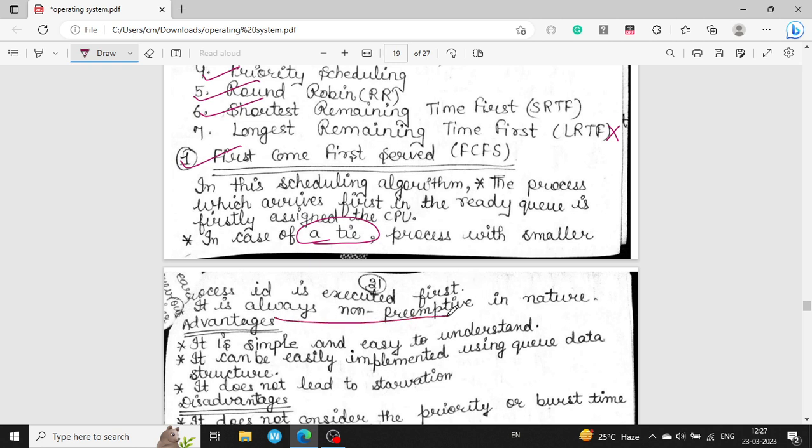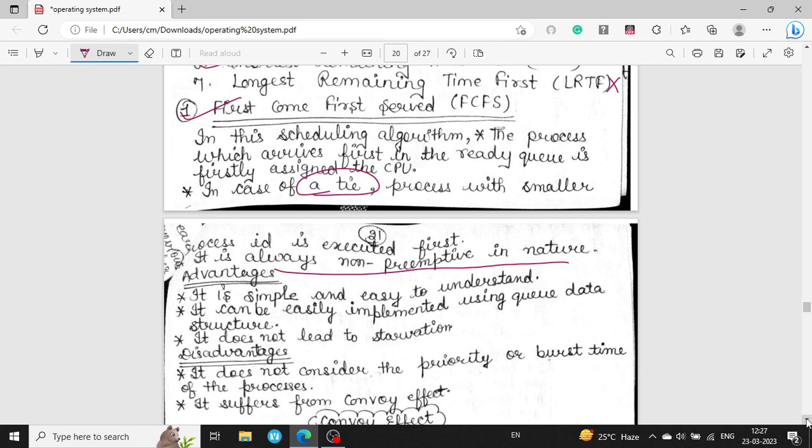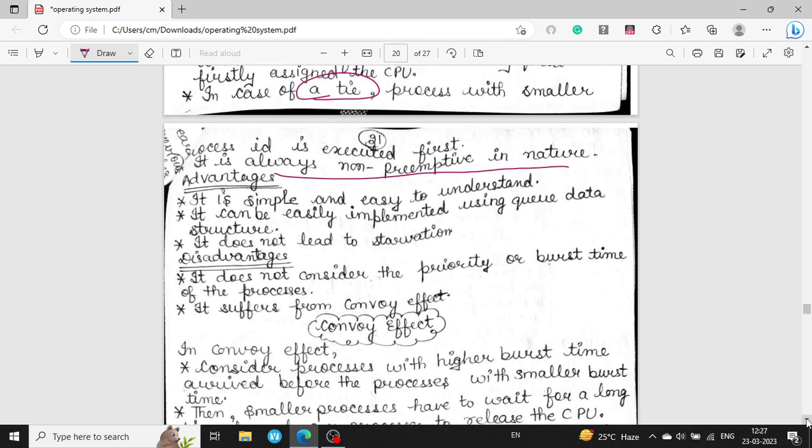It is always non-preemptive in nature. You cannot forcefully take the resources from any process.